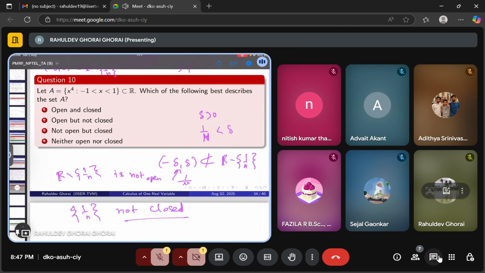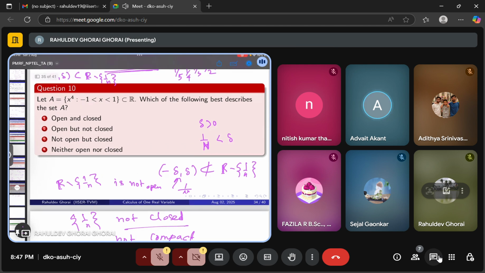So it is not closed, so it is not compact. That's all. Although it is bounded, it's not compact because it's not closed. Was it okay? Do you understand? Yes.